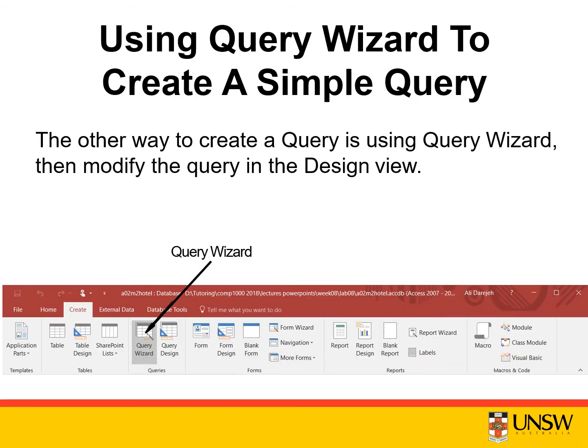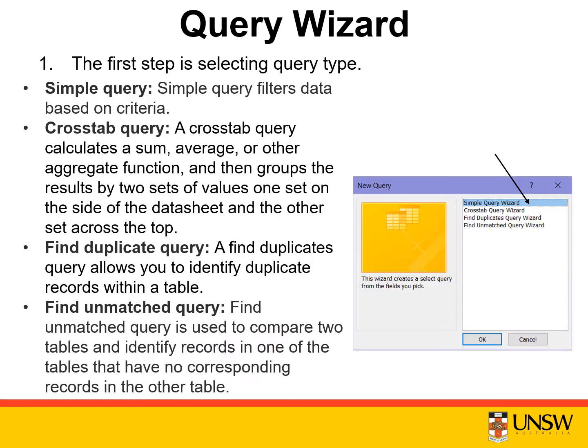The next topic that we want to discuss today is Query Wizard. Query Wizard is an interface that helps you to create queries in a step-by-step manner simply. In order to use Query Wizard, go to the Create tab and click Query Wizard. You can use Query Wizard to create 4 different types of queries.